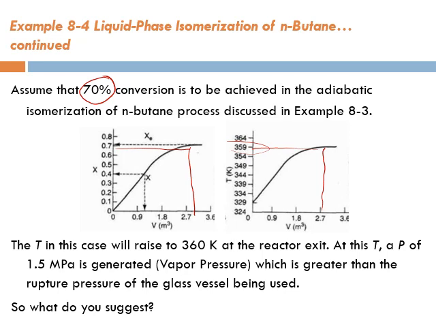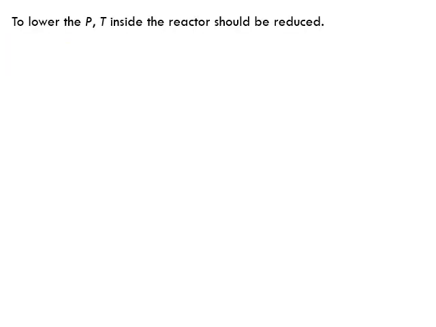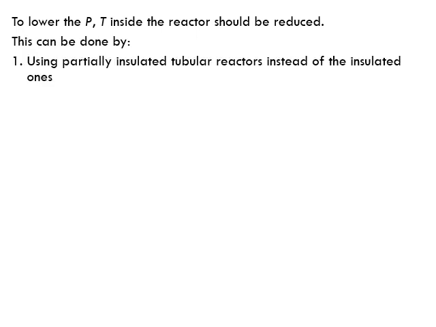I'm sure you're suggesting to lower the temperature inside the reactor. So to lower the pressure inside the reactor, temperature inside the reactor should be reduced. This can be done by using partially insulated tubular reactors instead of the insulated ones, right?